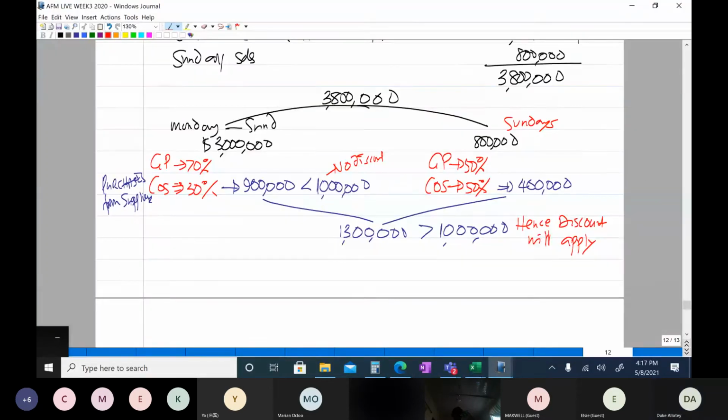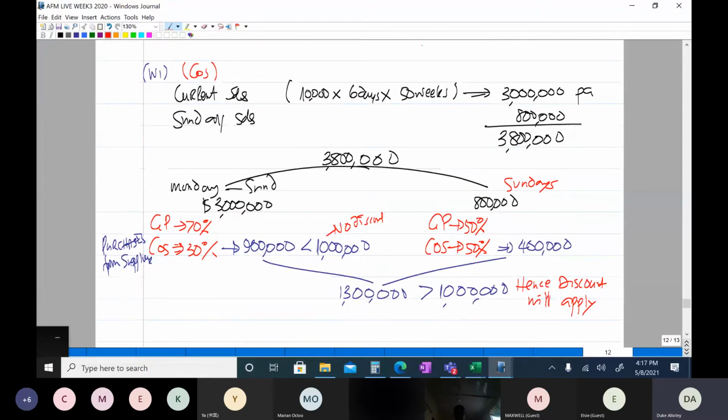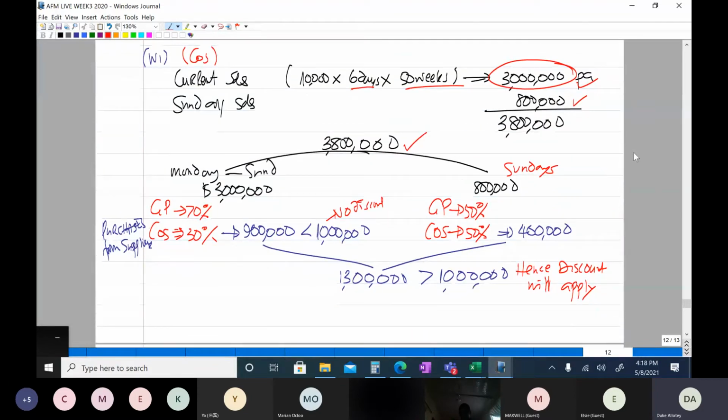Okay, so that is what I'm trying to do here. That total sales of 3.8 million, this is what we get for the current sales. 10,000 a day, 6 days a week, 50 weeks, 3 million. Sunday sales, we just worked that out to be 800,000, making 3.8 million. And then we are breaking it down. Monday through to Saturday is 3 million.